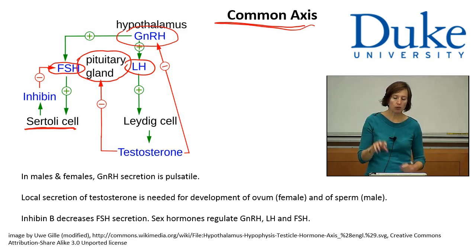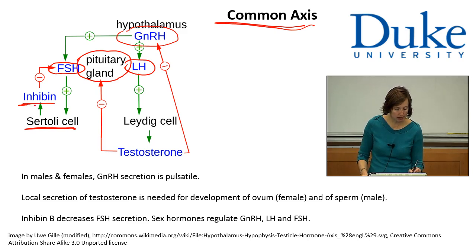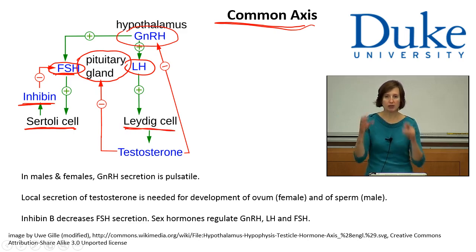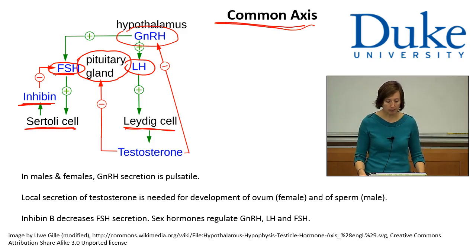That will promote the formation of the sperm. Sertoli cells will also form inhibin, which then will negatively regulate FSH production. LH will act on cells that are outside of those seminiferous tubules, cells that aren't in direct contact with sperm, called Leydig cells.